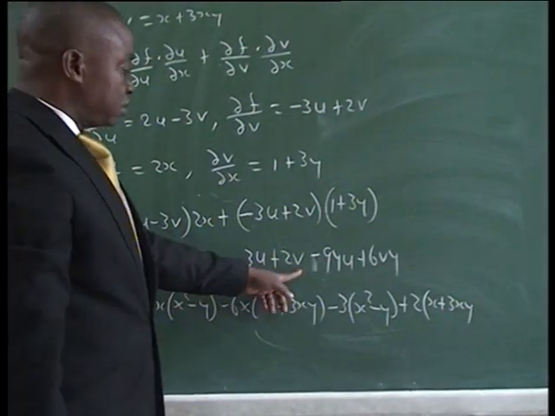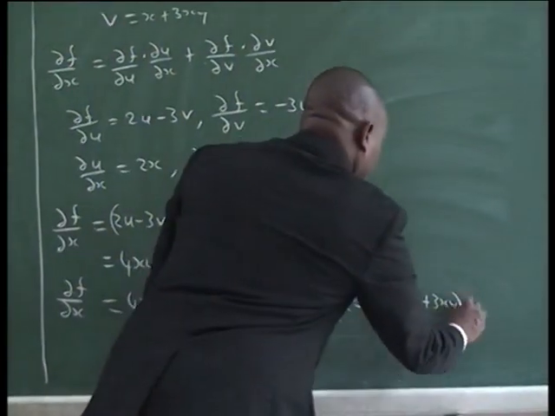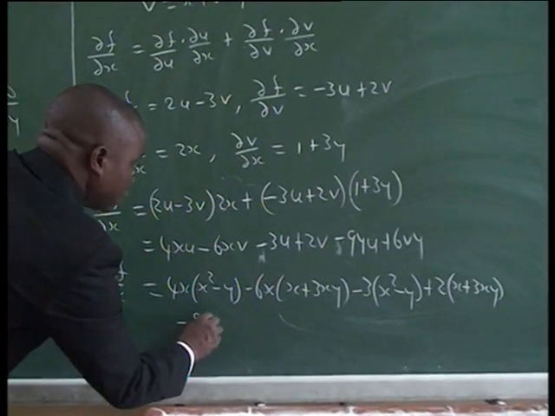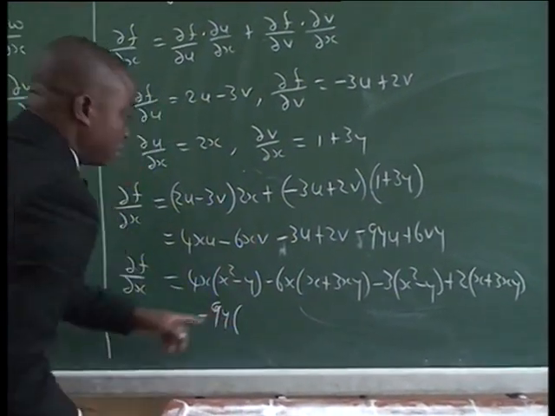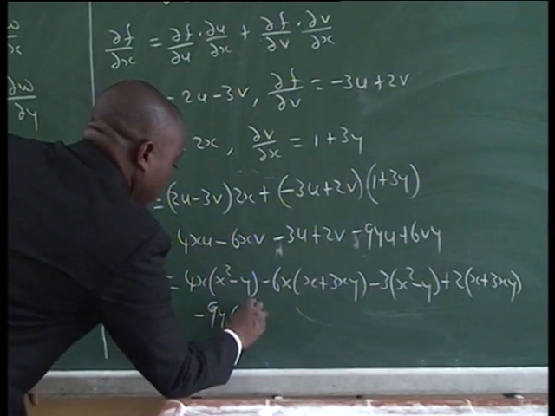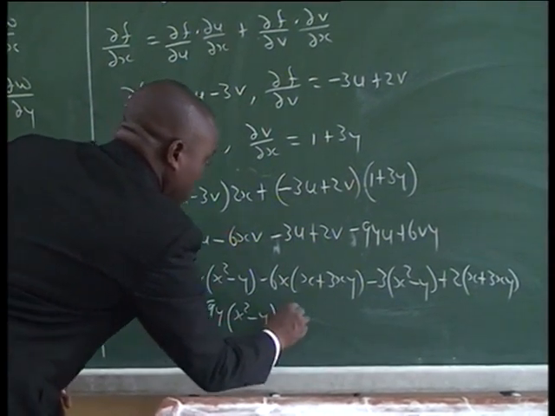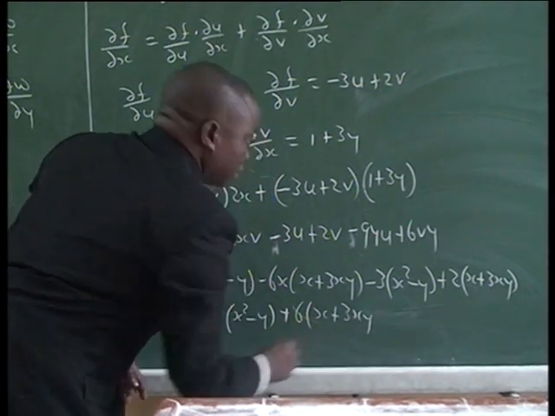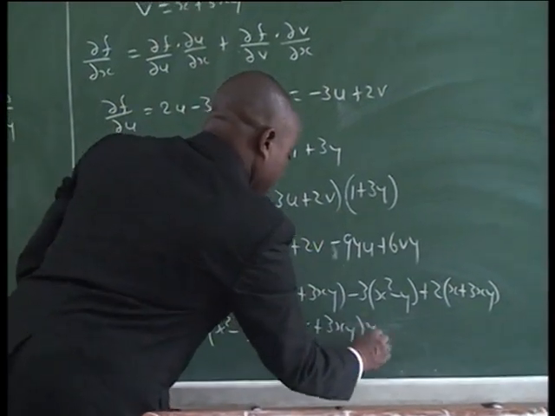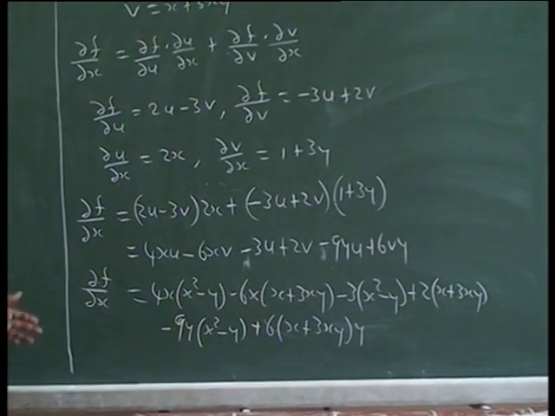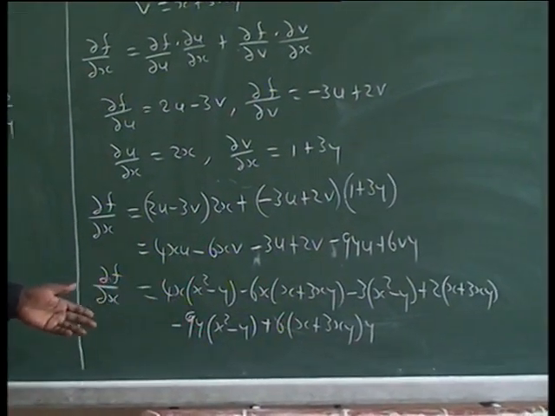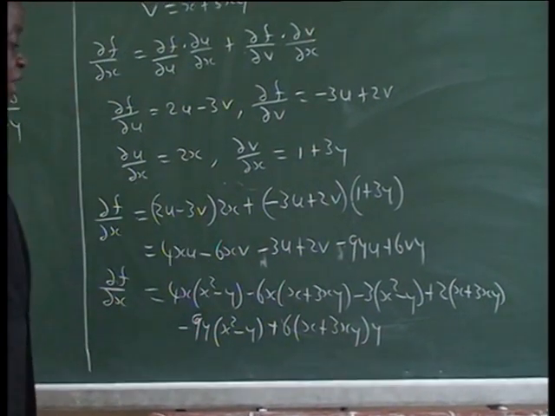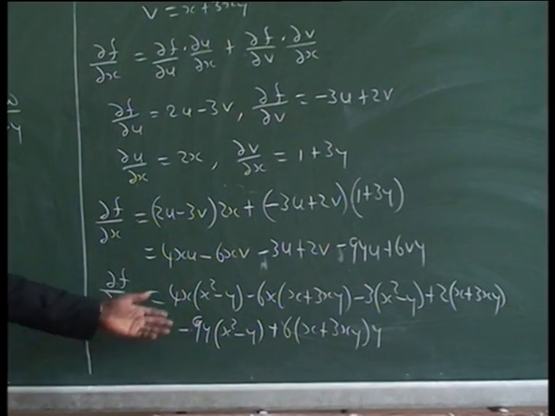Then another one we have here is minus 9y. We have u, which is x squared minus y, plus 6v. V is x plus 3xy, and as y. You see, all the variables now have turned to x and y. So by evaluation of this, we'll have the function now in terms of x and y.